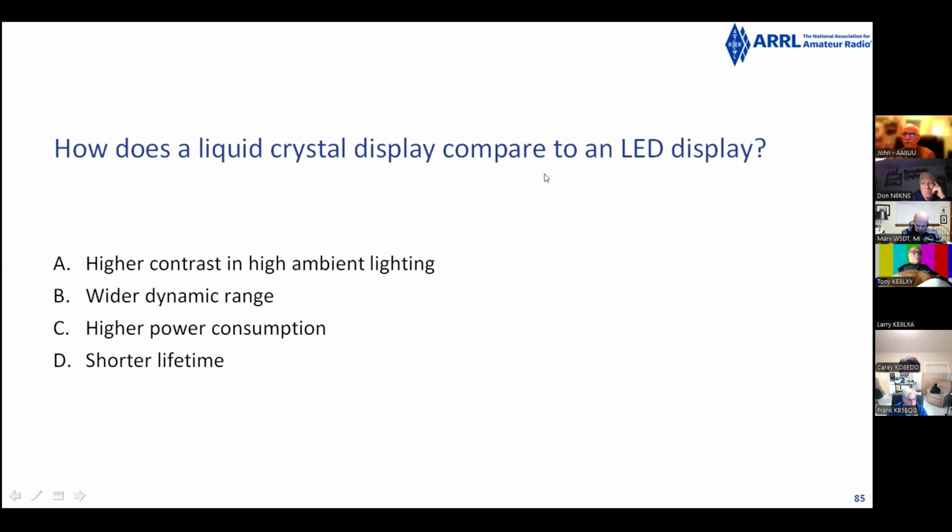How does a liquid crystal display compare to an LED? Higher contrast in high ambient lighting, wider dynamic range, higher power consumption, shorter lifetime. I think it's A. Yeah, I think so too. That means that other one was wrong. I know, that's what I said.